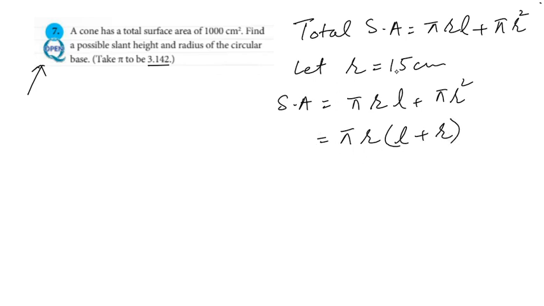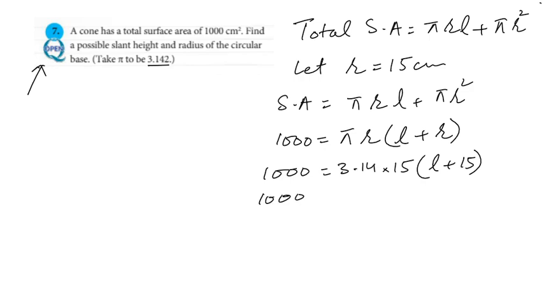Putting the values of 15 centimeters, surface area is equal to 1000. Let's say that surface area is 1000. It is equal to pi, 3.14, multiplied by r, 15, and then we get L plus 15. L we have to find, it is equal to 1000. So 1000 divided by 3.14 multiplied by 15 is equal to L plus 15.